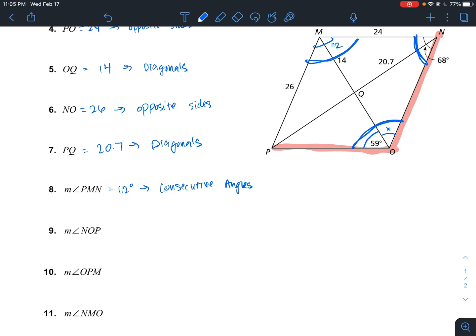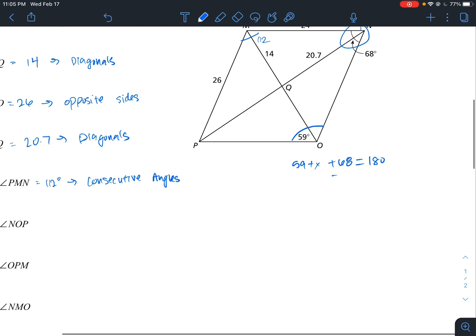Let's just use the consecutive angles theorem. So I know that this angle is 59 plus x, and then if I add this angle right here, plus 68, the sum of these angles will be equal to 180 degrees.